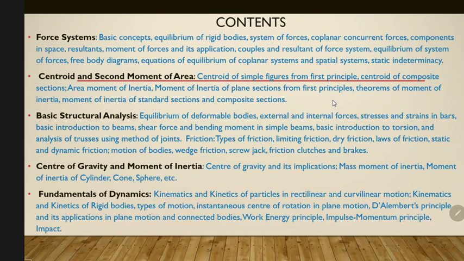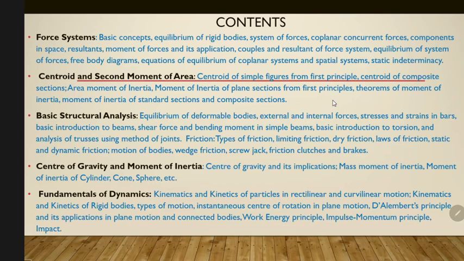I find this the more important one, because in your future you will be having a number of courses with regard to structural analysis. You will be having structure analysis 1, structure analysis 2, and advanced structure analysis. So the foundation understanding of this unit is quite important to all of you.